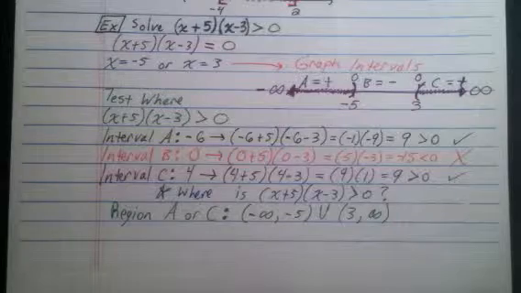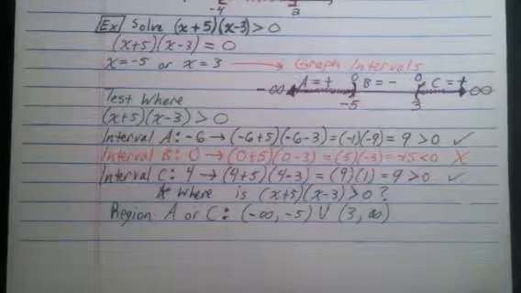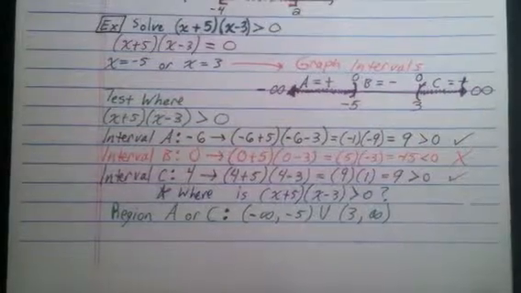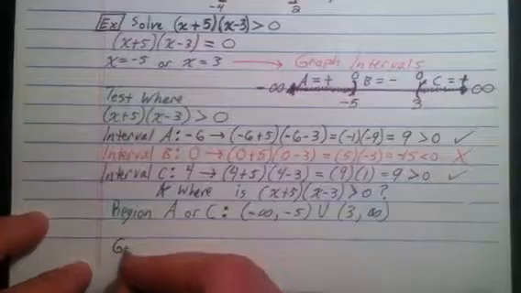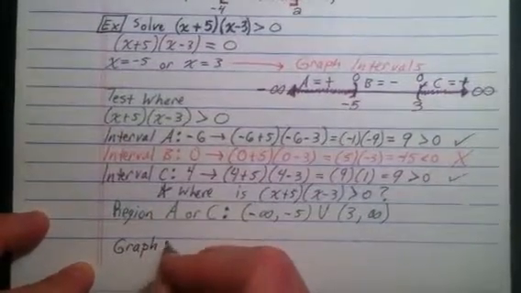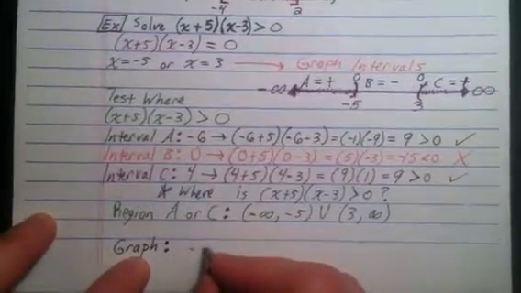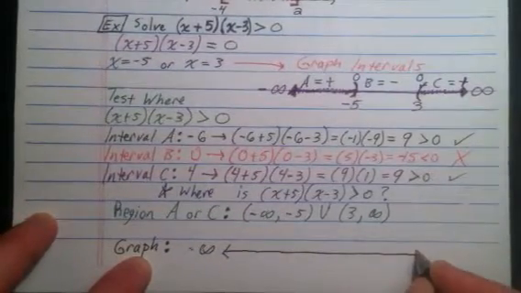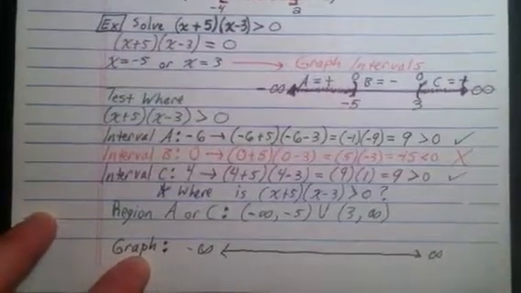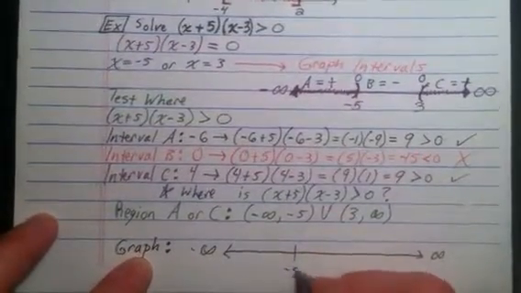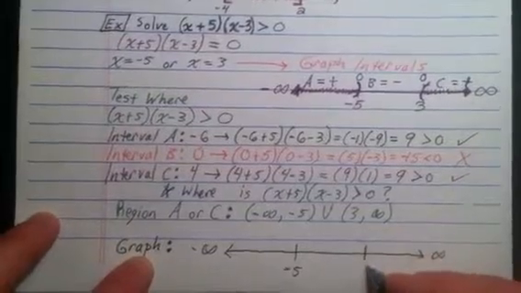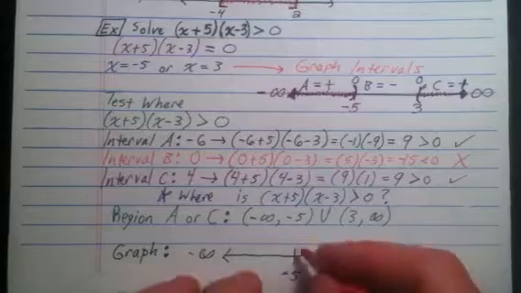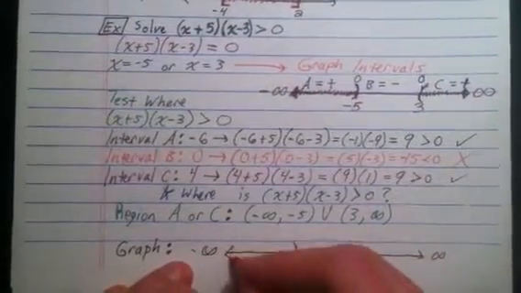Okay. So either of those two sections. And then to answer what the graph would look like, it would look just like that. Our number line would go from negative infinity to positive infinity, negative 5, positive 3, and we'd have a parenthesis at the negative 5 and everything to the left shaded in.